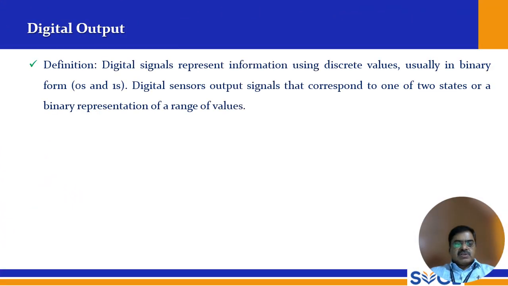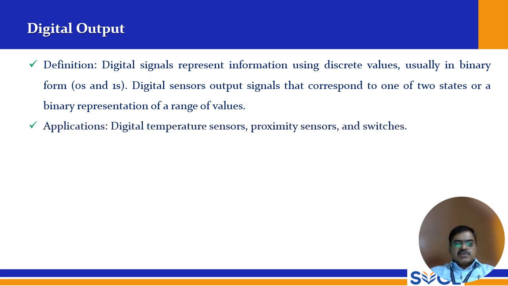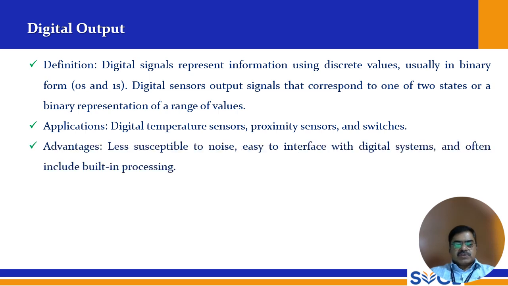Next one is digital output. Digital signals represent information using discrete values, usually in binary forms, zeros and ones. Digital sensors output signals that correspond to one of two states or binary representation of a range of values. Applications: digital temperature sensors, proximity sensors, and switches.